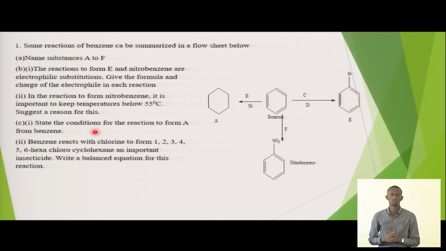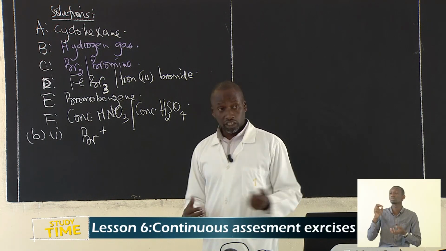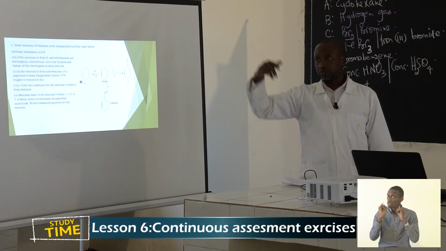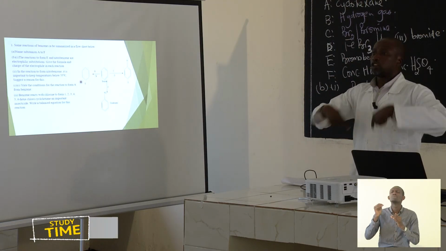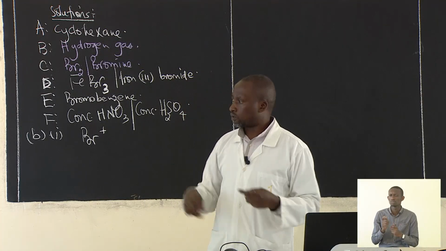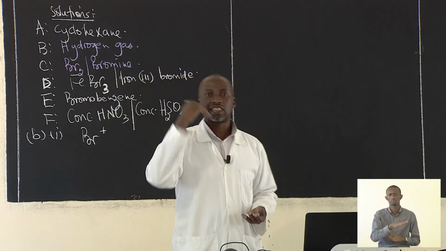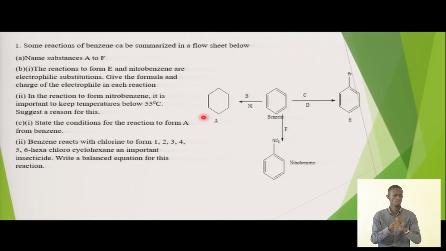In the reaction to form nitrobenzene, it is important to keep the temperature below 55 degrees. Why? I suggest the reason for this. When the temperature goes beyond 55, the nitration continues and it will be substituted at positions 2, 4, and 6. So to prevent further substitution of nitronium ions, the temperature has to be kept below 55.